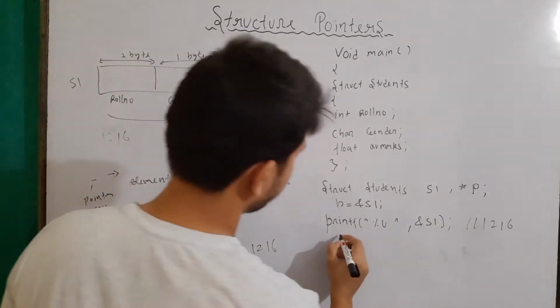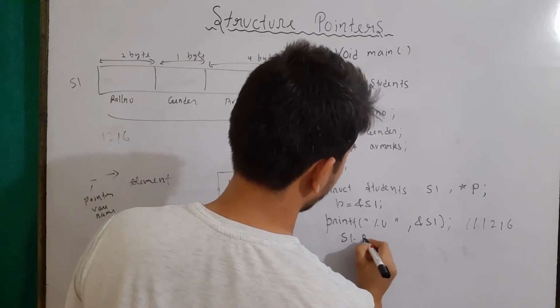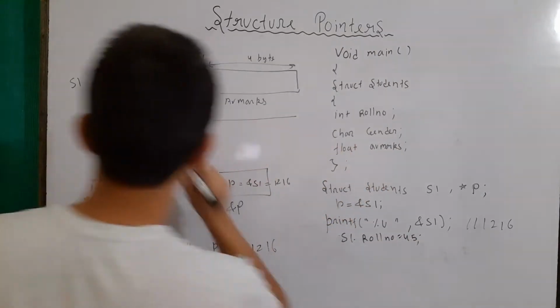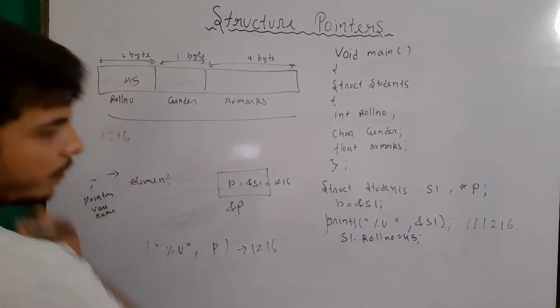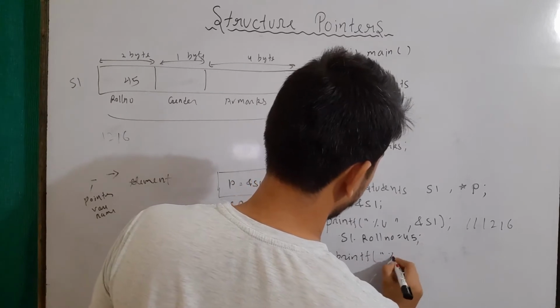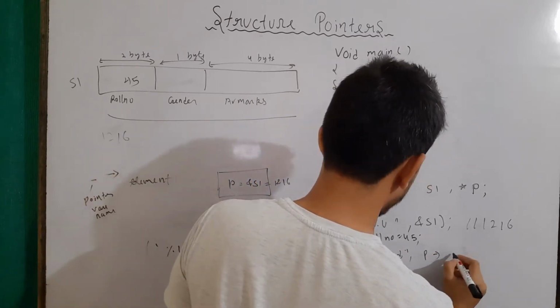Let's say I am writing S1.roll number = 45. So this value is 45 now, and after that I write printf %d and p arrow roll number.